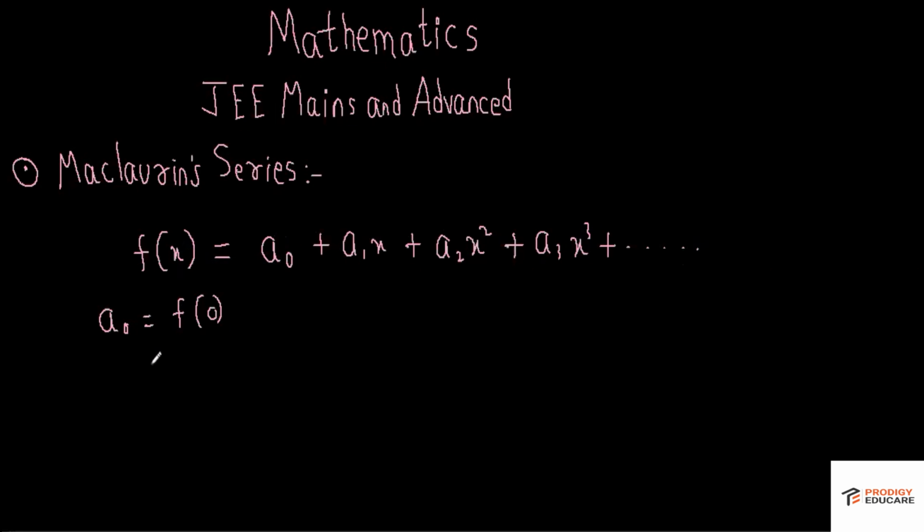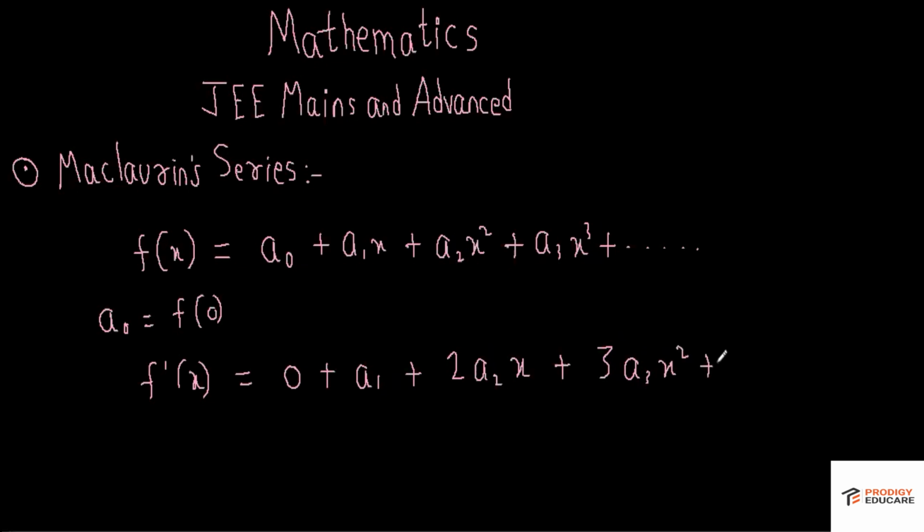In that case, I'll just differentiate this function. So I'll write f dash of x as, since a naught is a constant, it will simply vanish. Here I'll write just 0 plus, differentiation of a1 times x is simply a1, plus differentiation of this is 2a2 x, plus differentiation of this term is 3a3 x square and so on.